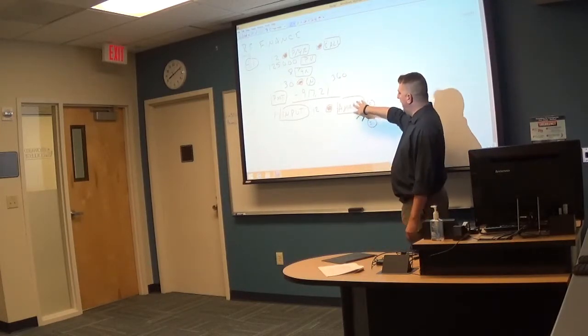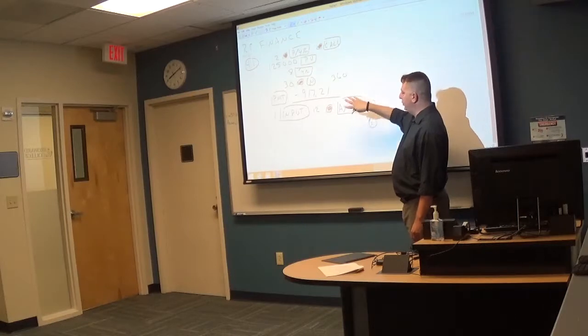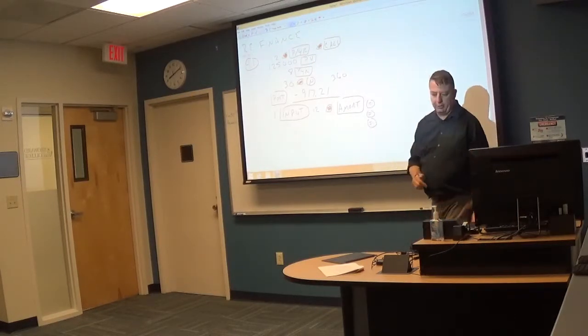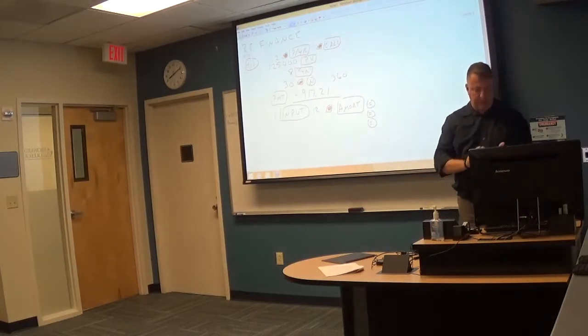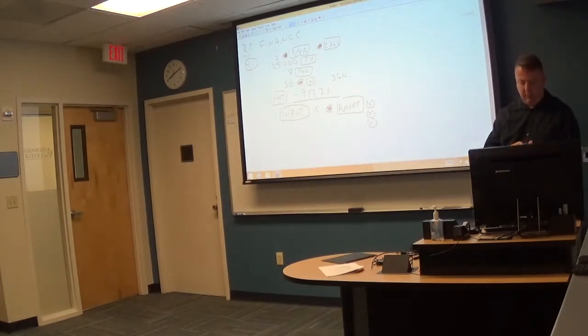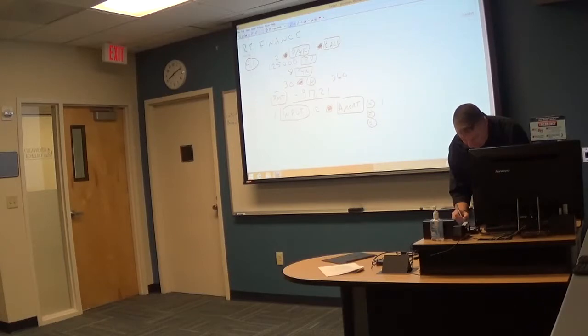And so you're accessing all that amortization information within the calculator. The first time that you hit the equal key, what you're going to get is the principal that has been paid during that first year.